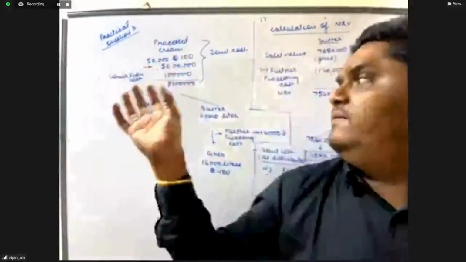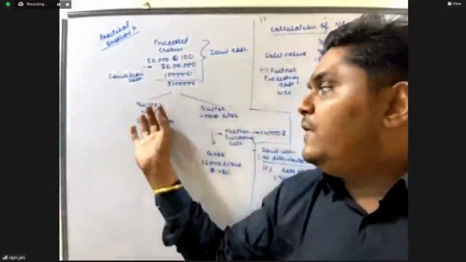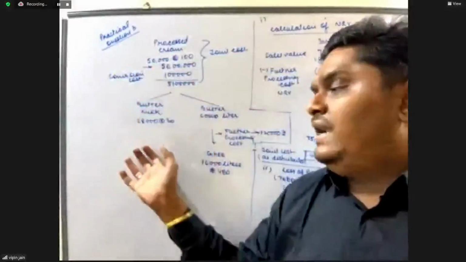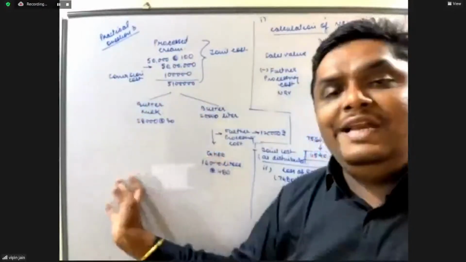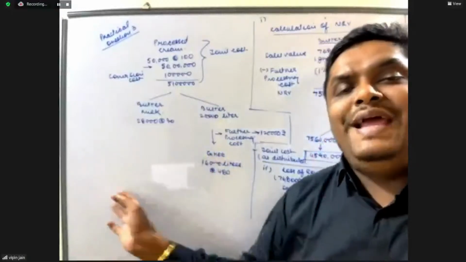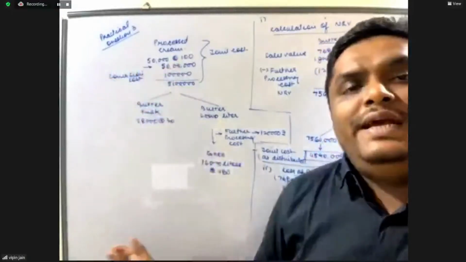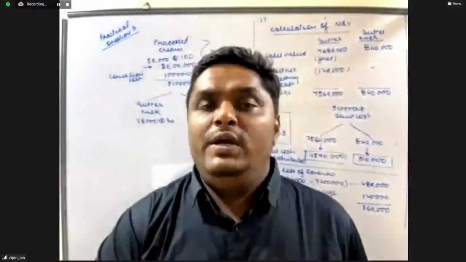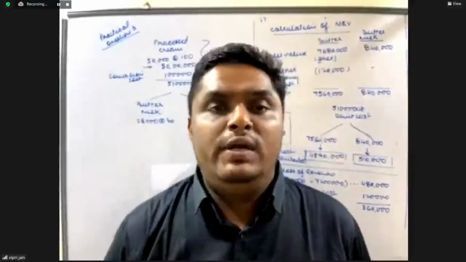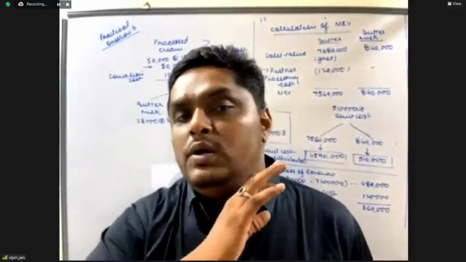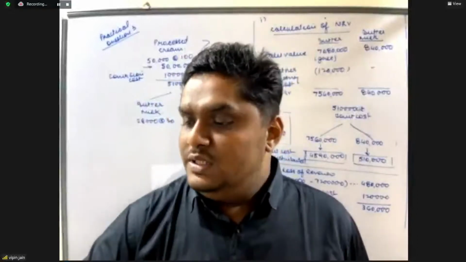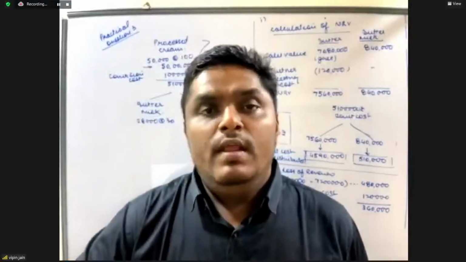If the selling price is given, then write the selling price. If a product is further processed, then write the further processing cost and the final product, their units and sales value. Once this data is ready, then whatever the examiner asks, you will be able to solve it very easily. So this is the best approach, guys.